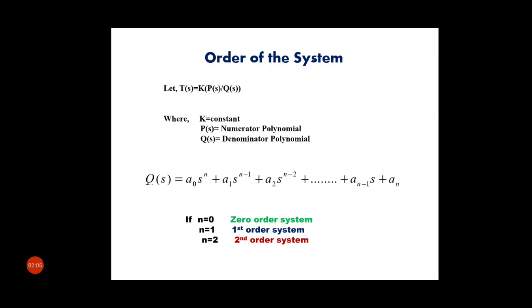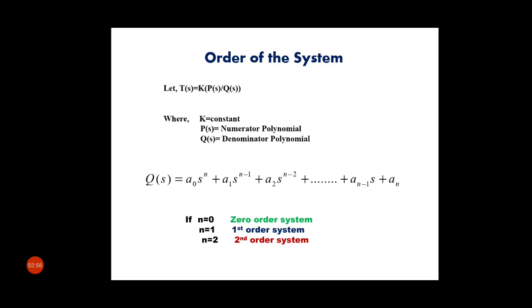We know the transfer function T(s) equals C(s) by R(s). We basically see the transfer function in this form, where C(s) is the output transform and R(s) is the input transform. Considering T(s) equal to C(s) by R(s), we solve this transfer function, modify and simplify it, and after modification we get the simplest form of the transfer function in the form K into P(s) by Q(s).